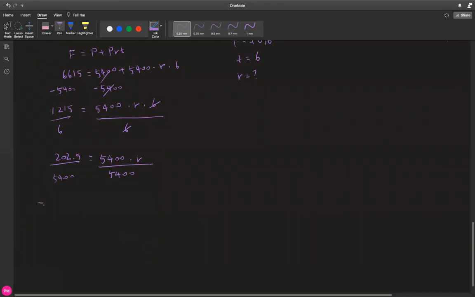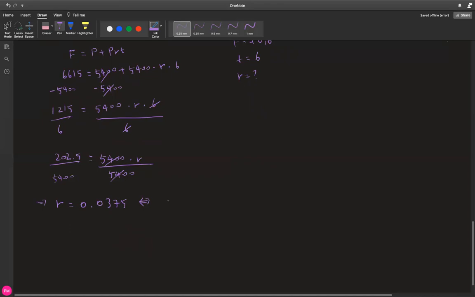And that should simply give you R on one side because the 5,400s cancel each other. And here, what was on the left-hand side would actually become 0.0375. So this is the same as saying that R, what we didn't know, was 0.0375.